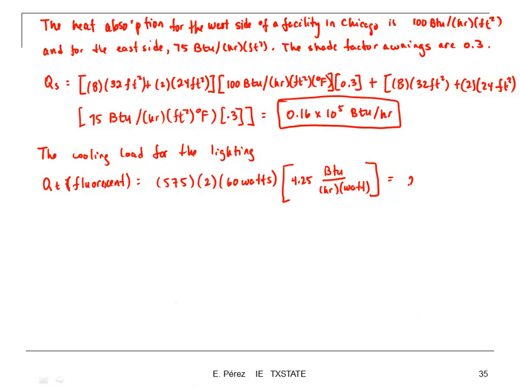And this is equal to 2.93 times 10 to the 5th BTUs per hour.